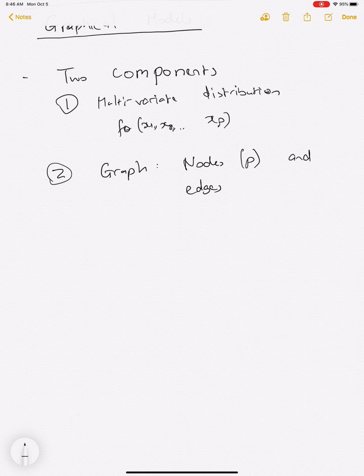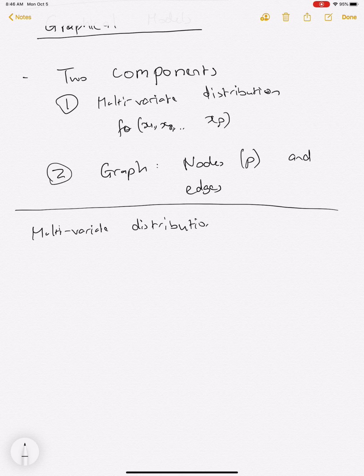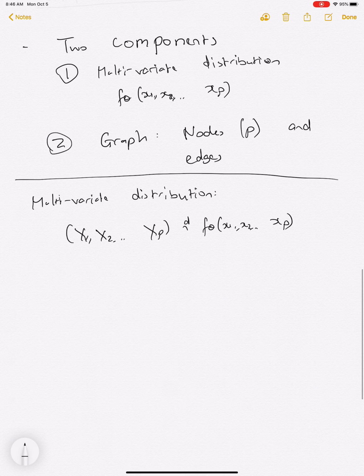And I mentioned earlier that if we first talk about the distribution, so the multivariate distribution, we have this multivariate distribution, and one of the very key concepts that we're going to talk about is this notion of conditional independence or dependence.